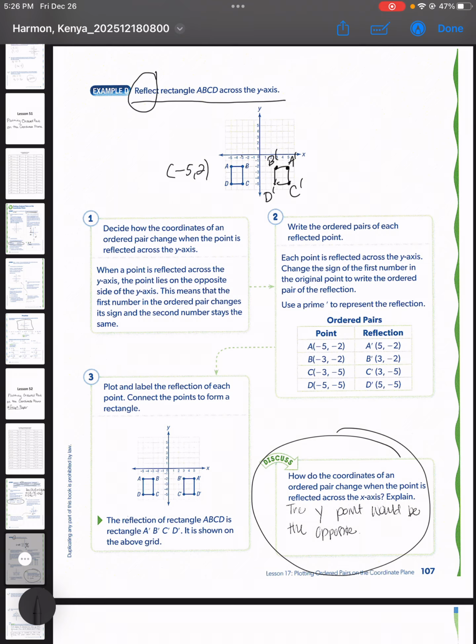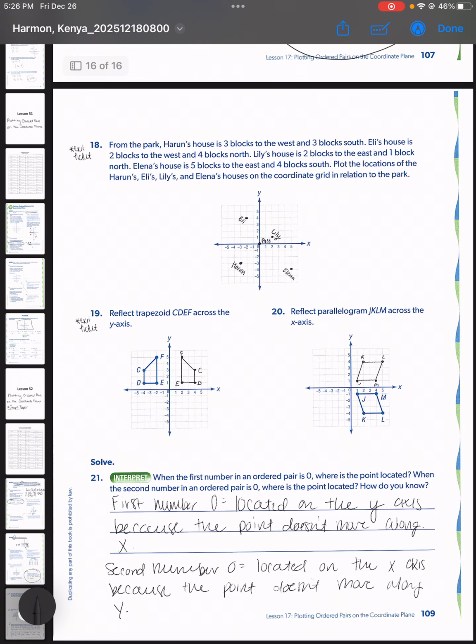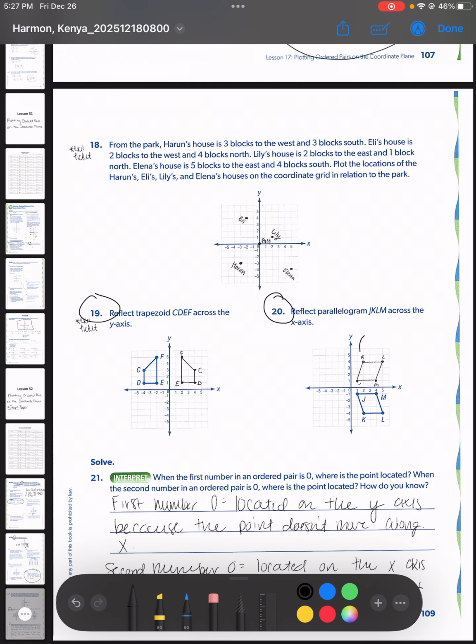So for this problem, you really want to take your time and make sure students know how they're getting from one side of the axis to the other. And that is going to help them as they jump into the 4 practice problems for the day. And you want to pay attention in one, make sure they know which axis, particularly when you look at 19 and 20, they know which axis they're reflecting across and how they can determine where their points are located.